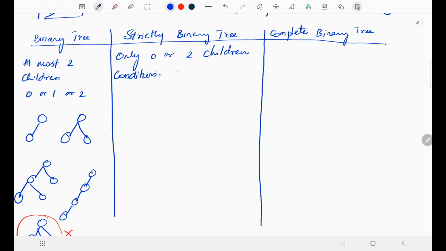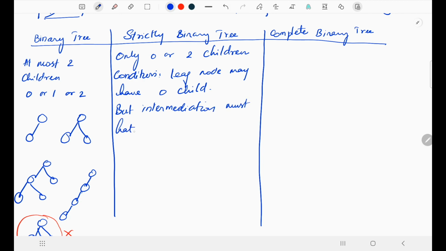A leaf node may have 0 children, but an intermediate node, that means a non-leaf node, must have 2 children.